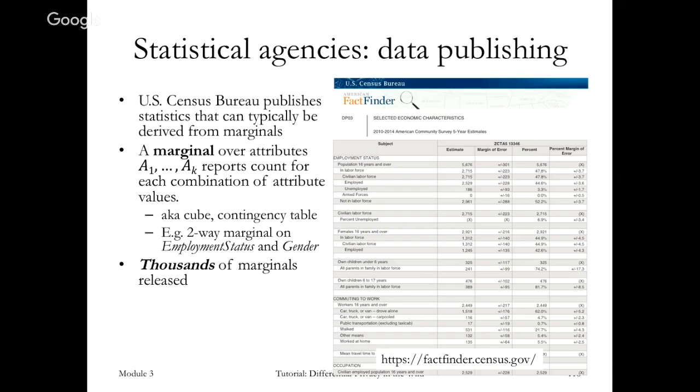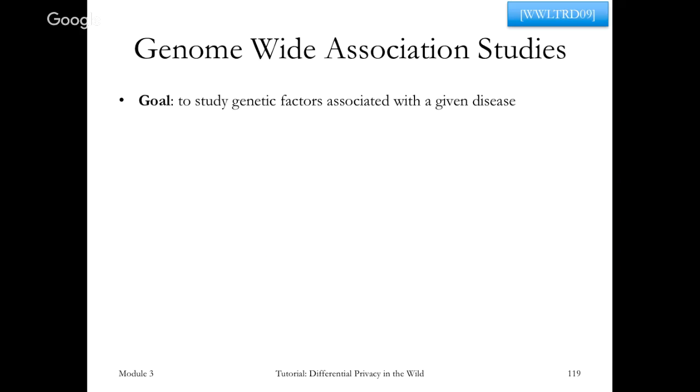It's synonymous with data cubes and contingency tables. You probably can't see it, it's a blurry image, but you could imagine a two-way marginal over employment status and gender, counting up how many people are employed by gender as well. And the US Census publishes thousands of these marginal queries every year on data that they collect.